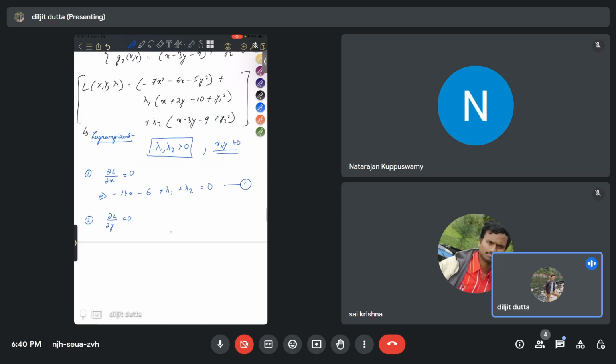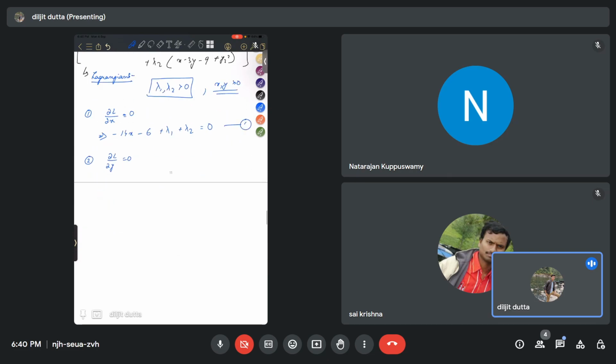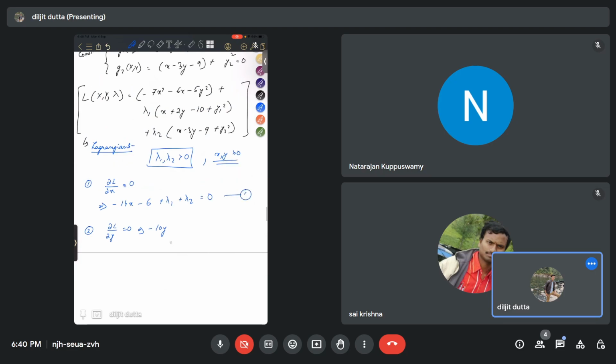From this we obtain minus 10y plus 2 lambda 1 minus 3 lambda 2 equals 0.